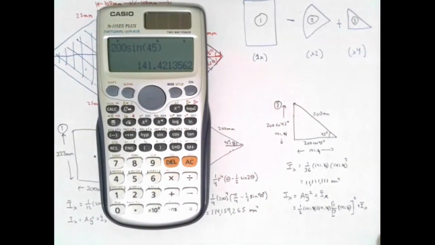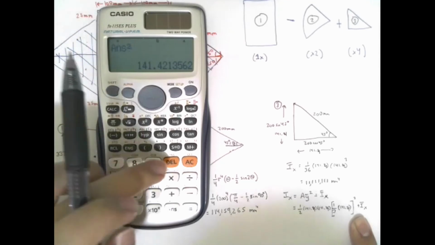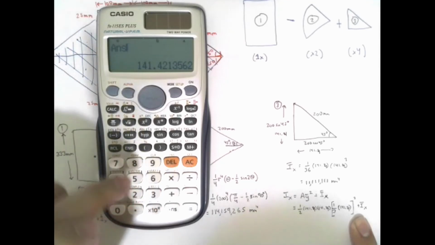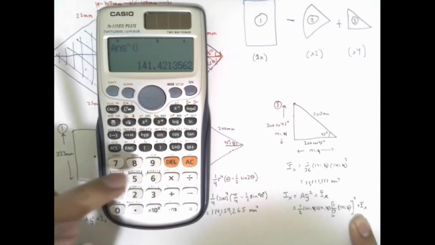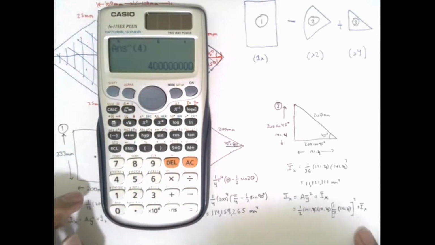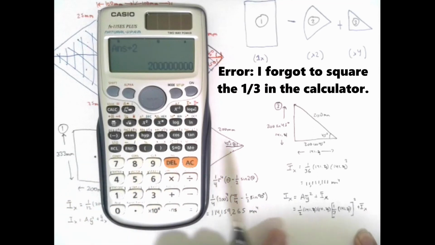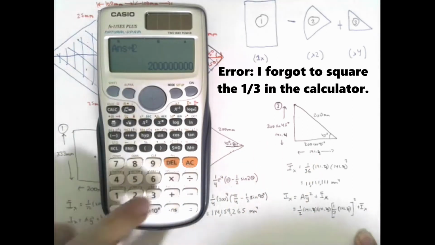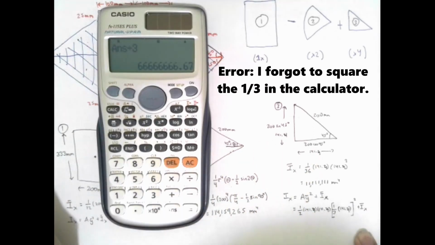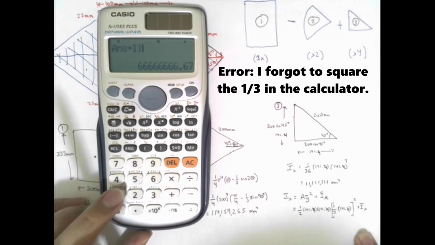So we'll get 141.4 to the power of 2, times 1/3, divided by 2, and then plus my moment of inertia about the centroidal axis, which is 11,111,111.11.